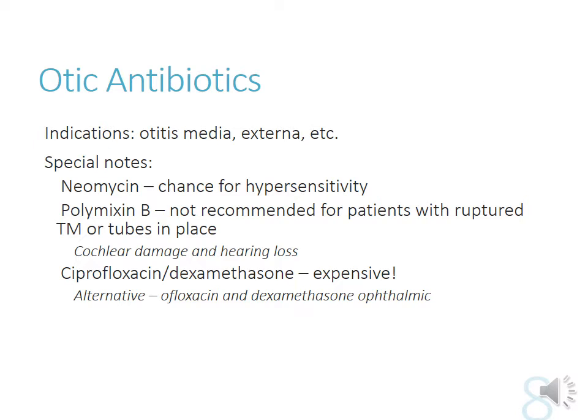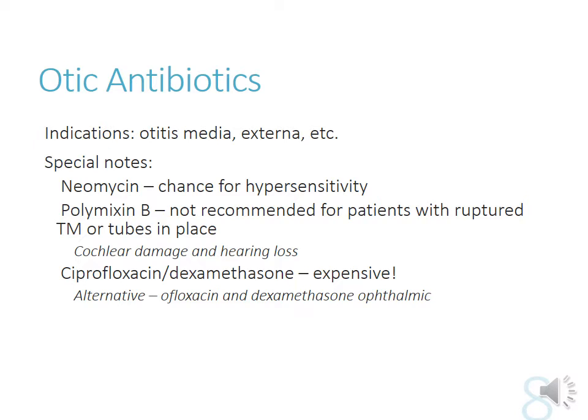So similar to what you would see applied systemically, you can get the same issue there if you don't have an intact tympanic membrane. And then a very commonly prescribed one is going to be that ciprofloxacin dexamethasone because it's very effective and it's very good at what it does. But in a lot of cases, it's very expensive. And if the patient's insurance coverage does not cover it, then you can be in trouble. Because again, if they can't fill the medication, there's no point in prescribing it.